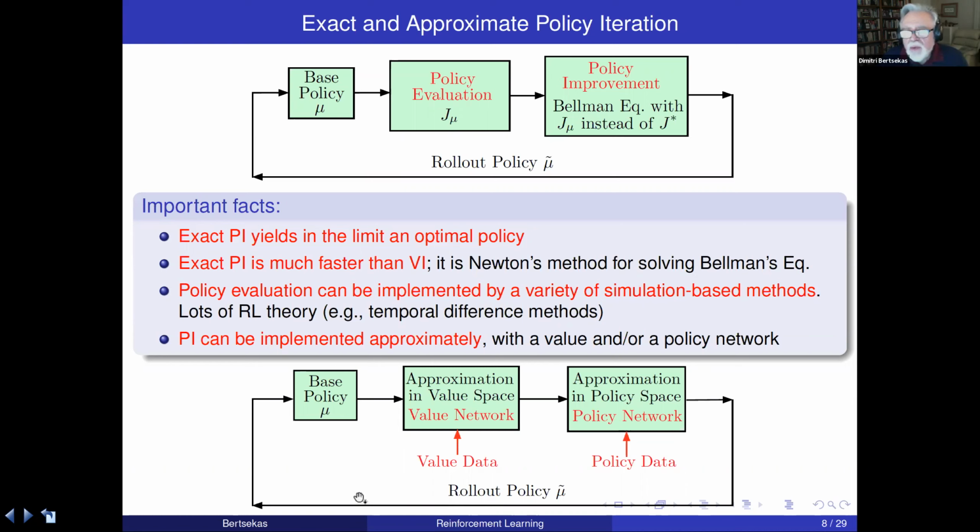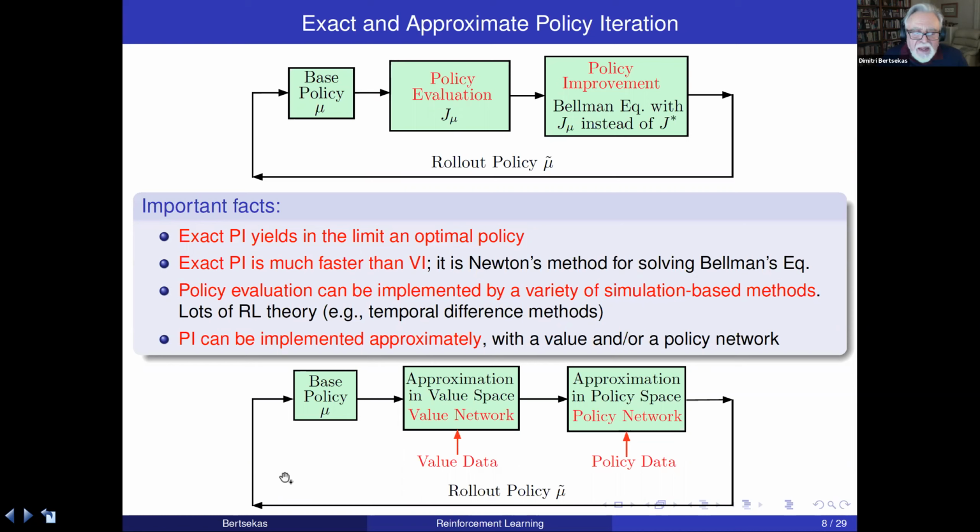Now, the important thing to remember is that the first iteration of this loop can be used for approximation in value space. Online play, okay, for controlling the system in real time.